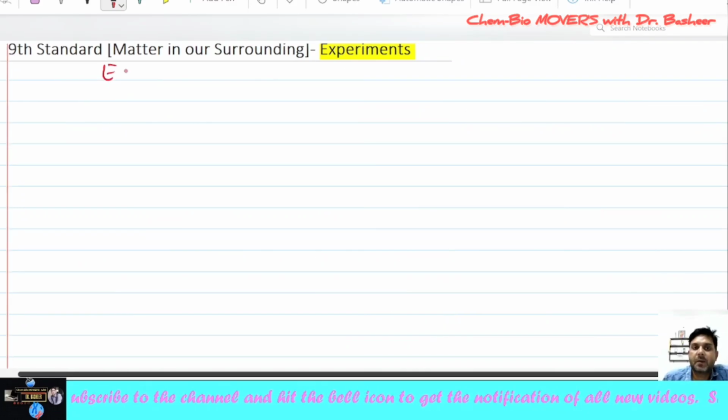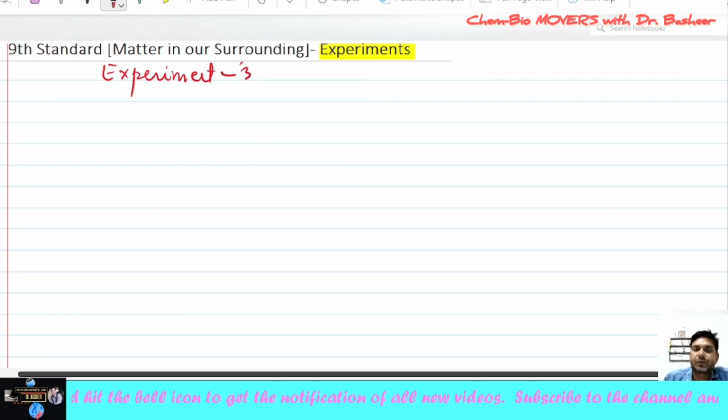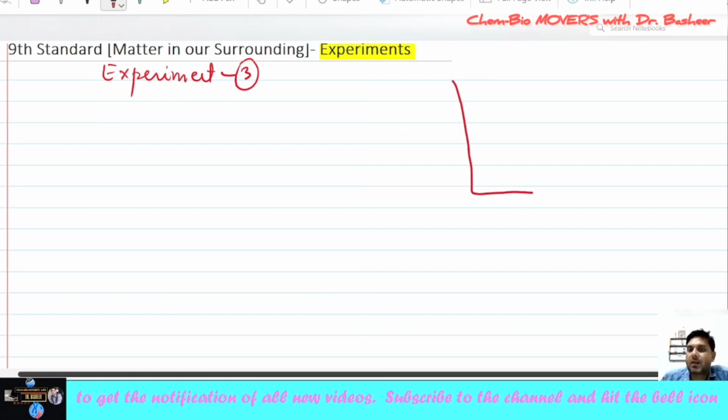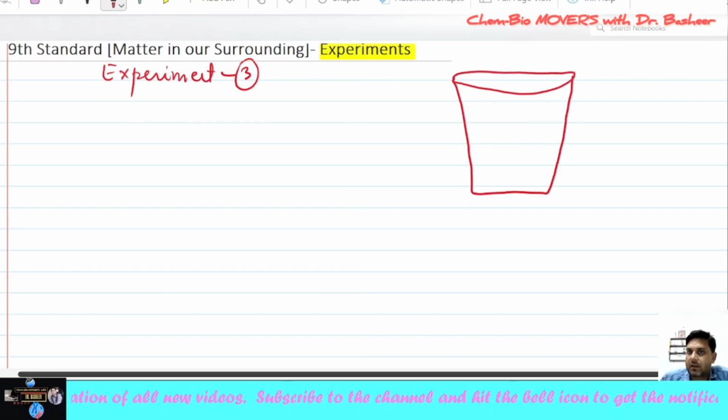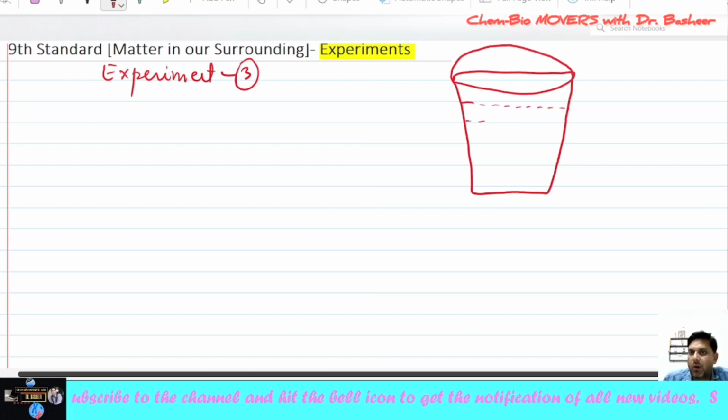Now come to the third experiment, experiment number 3. This is the third and last. In that experiment we have to take one bucket, and the bucket should be filled with water. What happens if you put your hand in and move it?